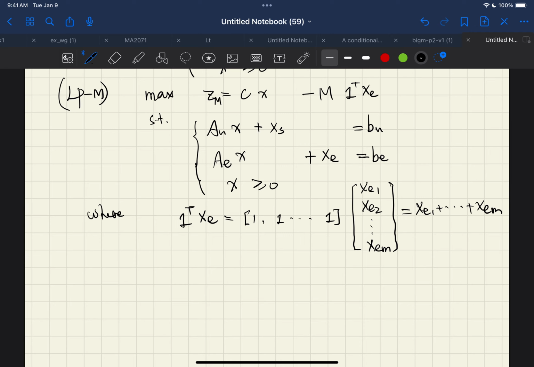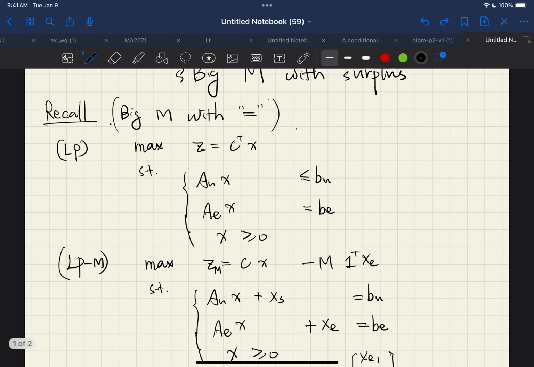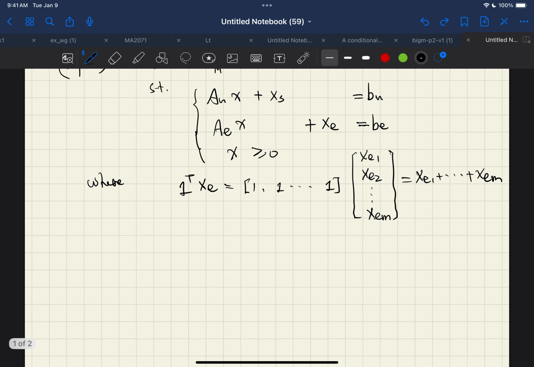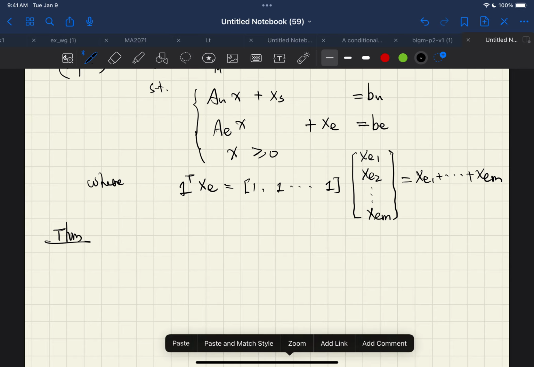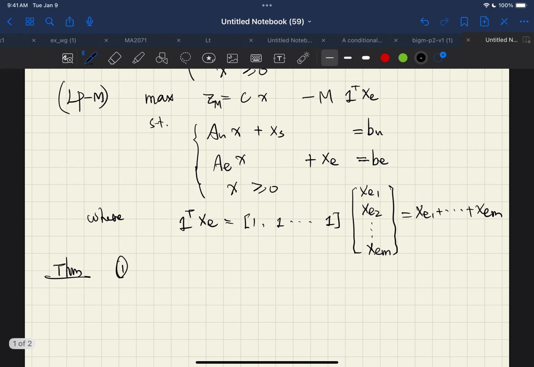So the theory says whenever you have this modified zM, you can make M as big as you want, and finally you can have the desired z star of the original problem. First of all, an easy observation is zM star for the modified problem.